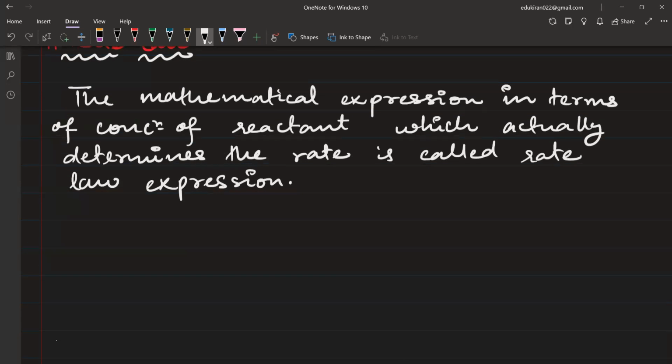Okay, now what is the difference between the law of mass action and the rate law? So see, for a general equation in which we have aA plus bB giving me cC and dD.